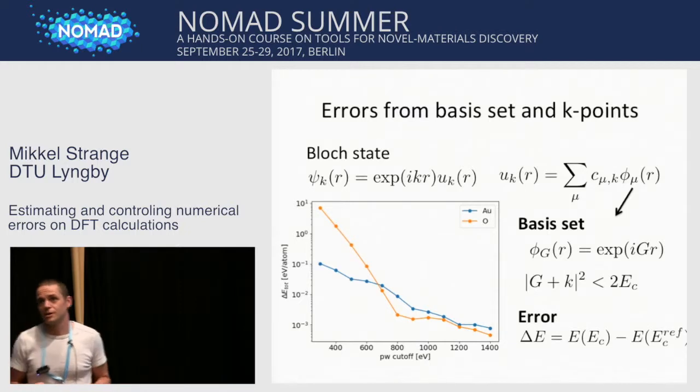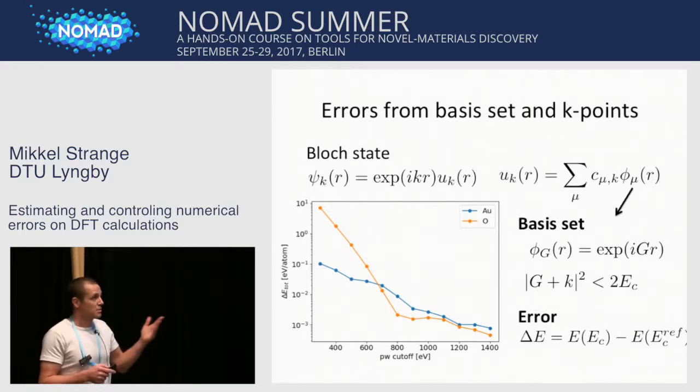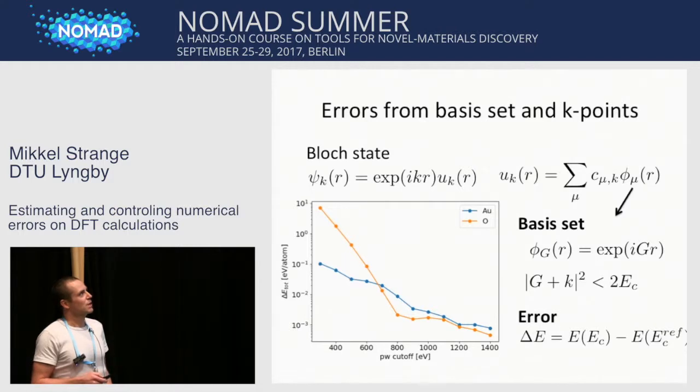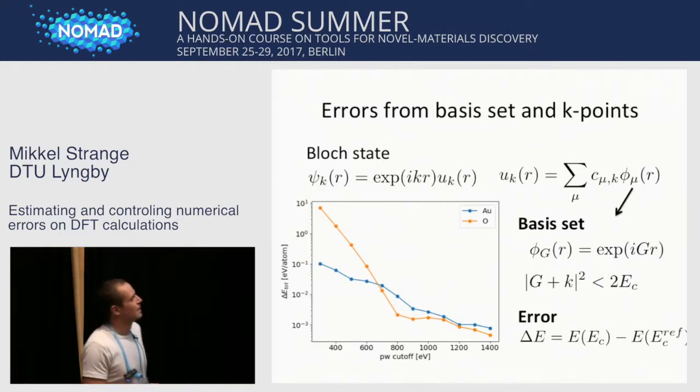So if it's FHI-aims, it would be atomic-like orbitals. If it's a pseudo-potential plane wave code, it's plane waves. So just to write a complete expression here, plane wave basis set here. And the size of this basis set is normally truncated by looking at the kinetic energy and defining a cutoff energy where we include all plane waves below this kinetic energy cutoff.